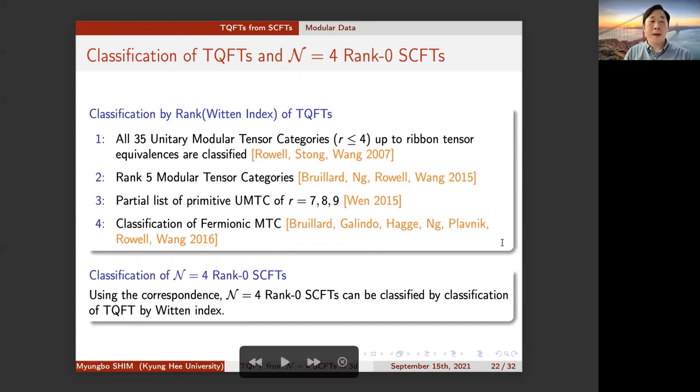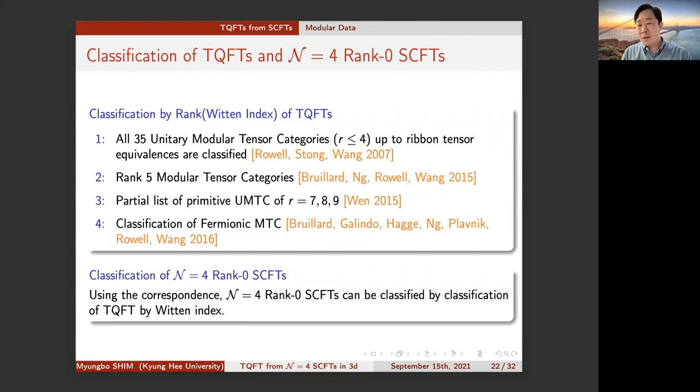So using the fact that the classification of topological field theory is well defined mathematically, we can map the classification problem of N equals 4 rank 0 superconformal field theory to modular tensor categories.